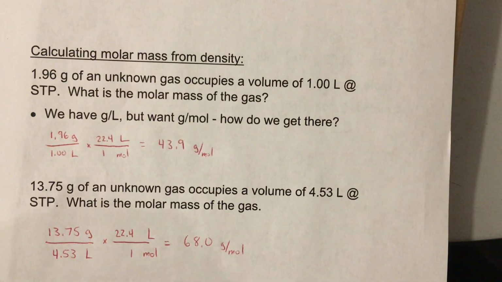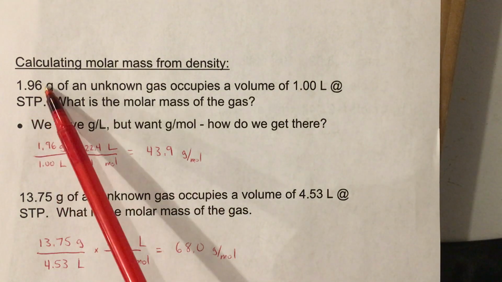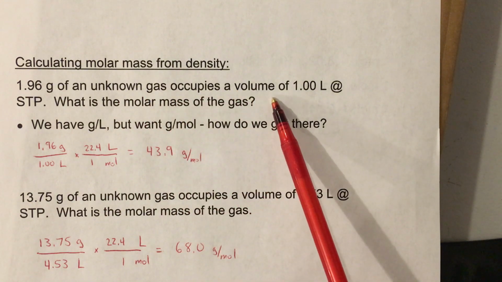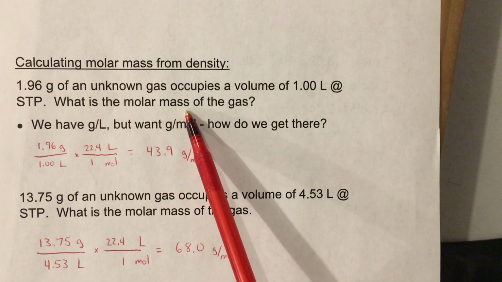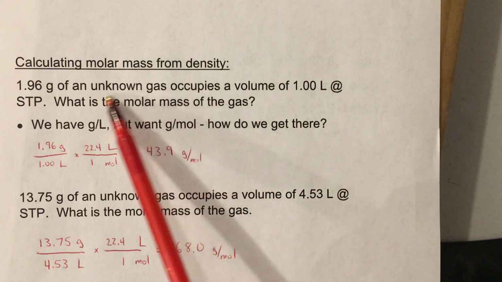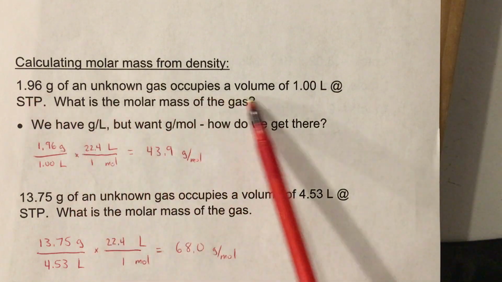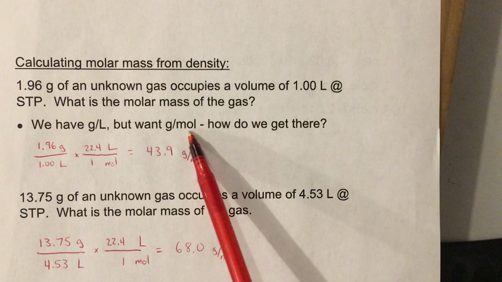If you're given the mass density, or the gas density, sorry, and you want to know the molar mass, we can also do that. So if we are given 1.96 grams of an unknown gas, that occupies a volume of 1 liter, and it's at STP. To find the molar mass, basically what we want to do is go from the grams per liter, which is what we have, and we want molar mass, which is grams per mole.